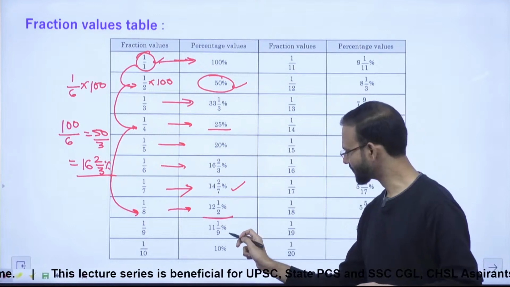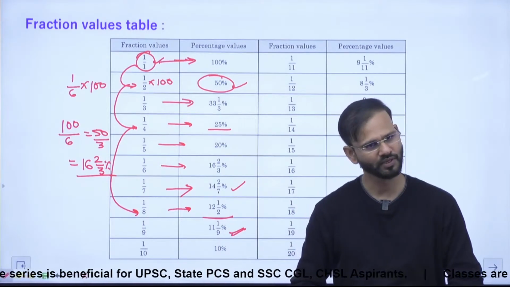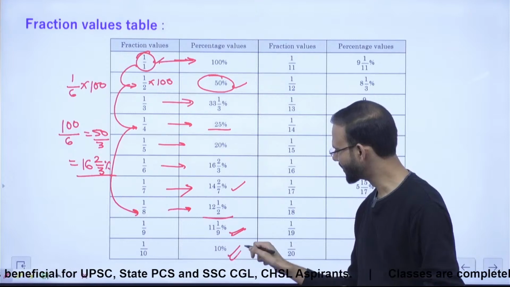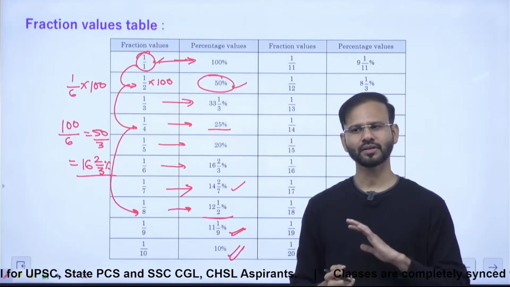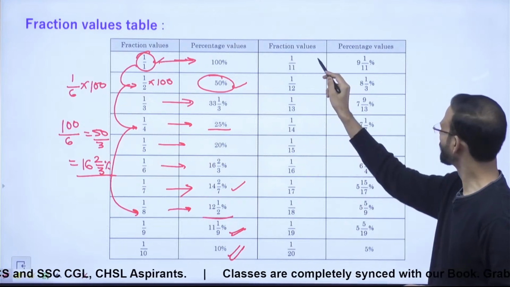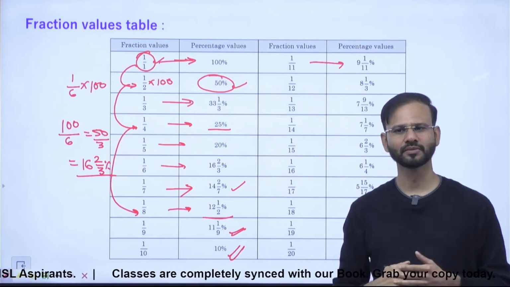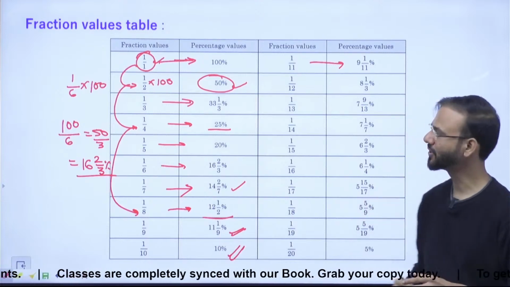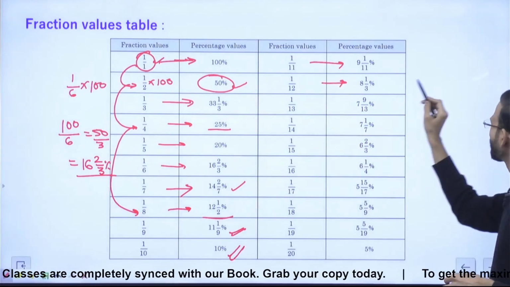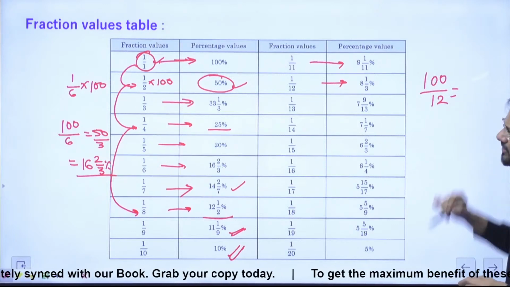And then 1 by 9. 100 by 9. This is 11 1 by 9%. Okay? And 1 by 10 is 10%. Everybody fine now? Okay, after that, 1 by 11. 1 by 11 is 9 1 by 11%. Correct? 1 by 12. Guys, 1 by 12 is 100 by 12. Just think on it, 100 by 12. Both the numbers are divisible by 4.